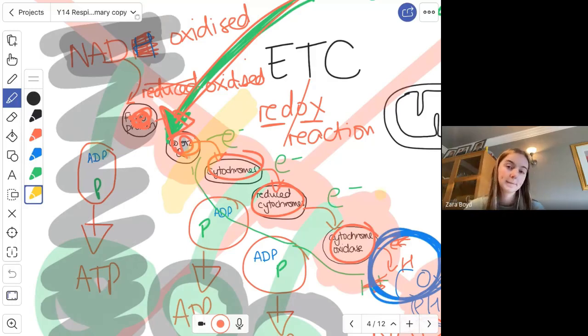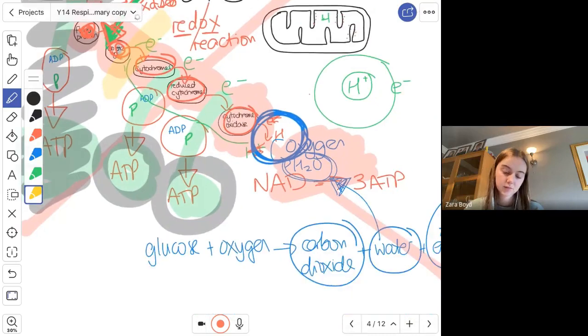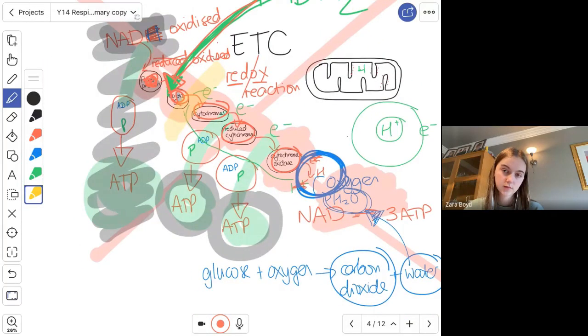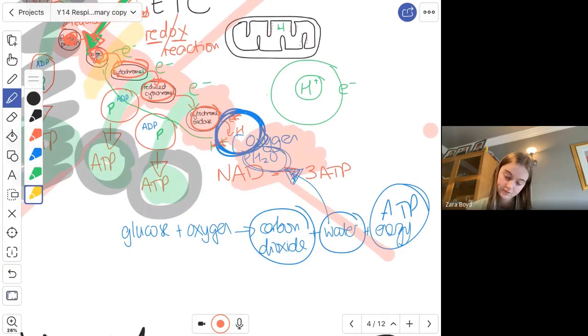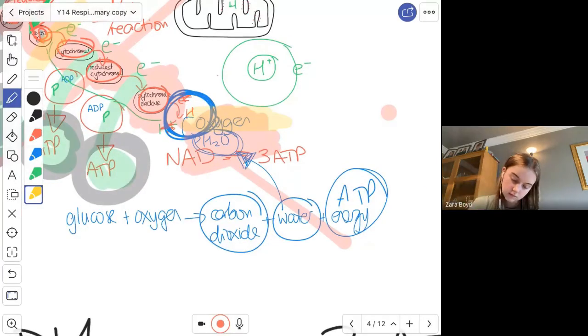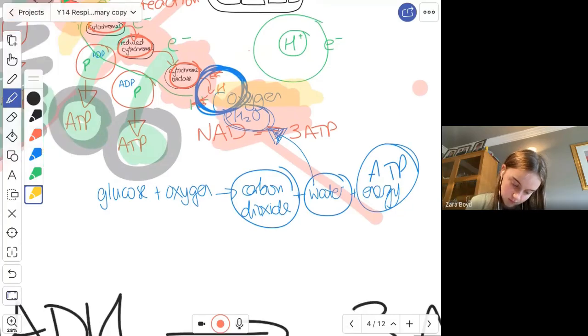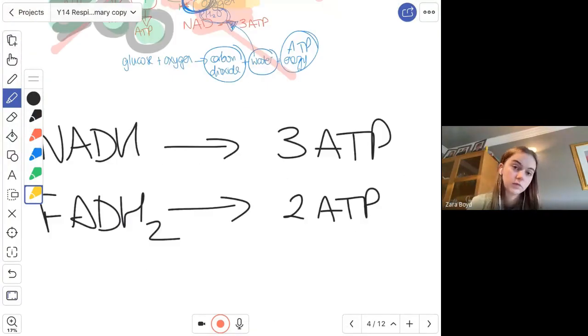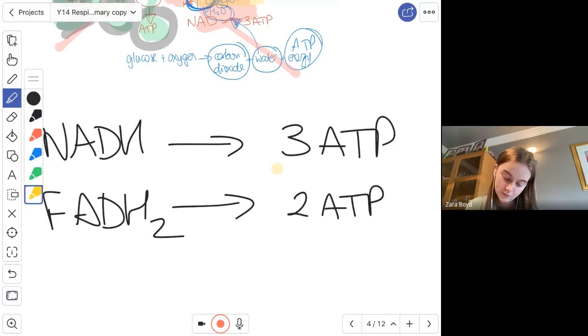We've said that enough energy is liberated to produce ATP. The final electron acceptor is oxygen, and water is produced. And then what we said down here, if NADH enters the electron transport chain, you get 3 ATP. If it's FADH2, you get 2.